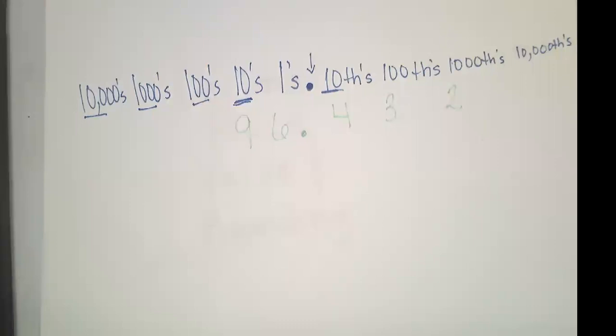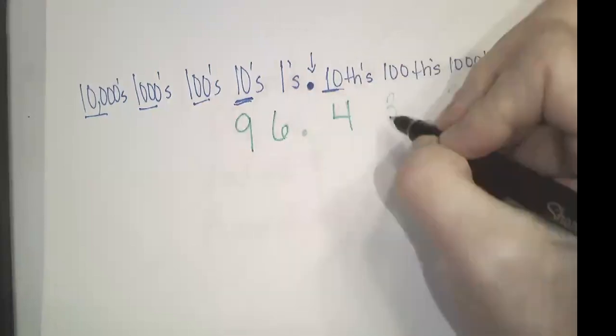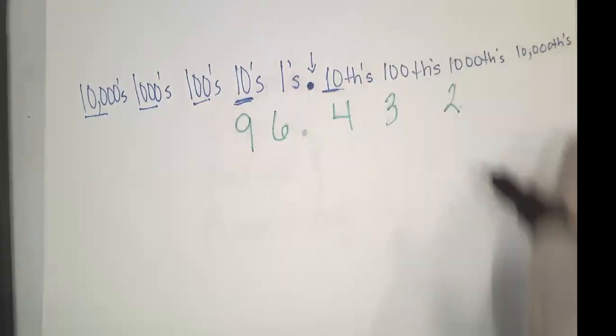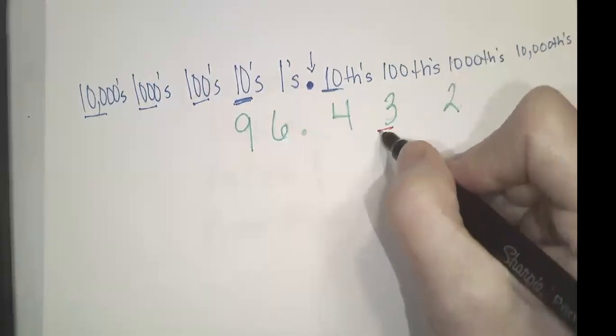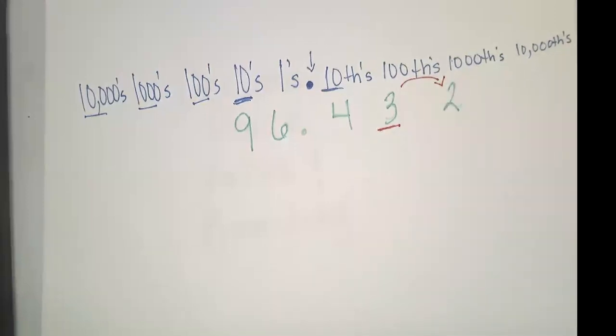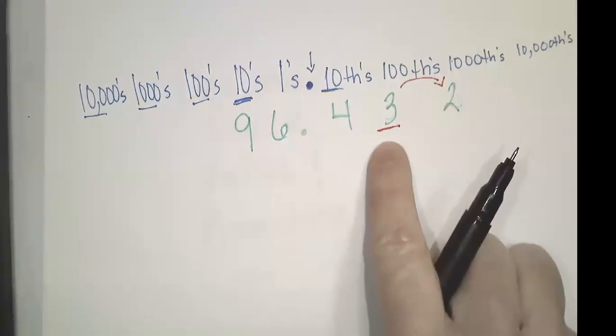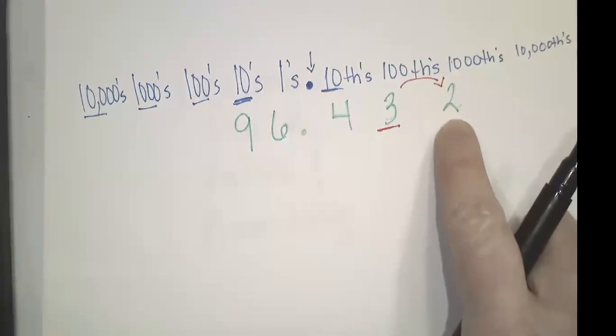Then it all depends on what you're asked to round to. Let's suppose that you were asked to round this number to the nearest hundredth place. That means they want you to stop here by looking to this number. Okay? So this is where the number is going to stop when I'm finished, and this is the number that's going to determine that.